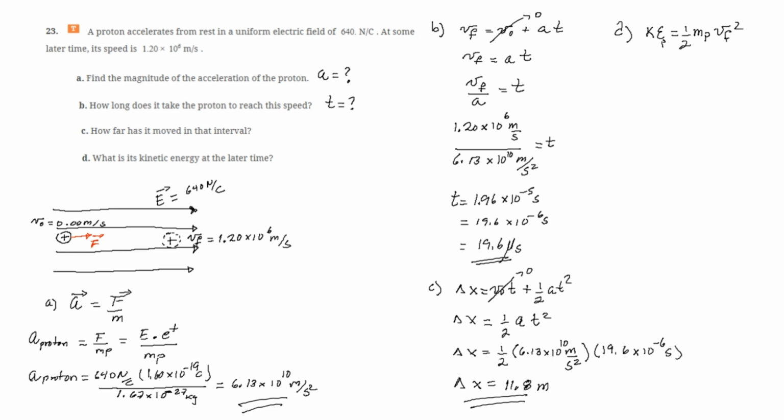So when you have a speed of 1.20 times 10 to the 6 meters per second, it's going to be 1 over 2 times the mass of the proton, 1.67 times 10 to the negative 27 kilograms, times the square of the speed of the proton, 1.20 times 10 to the 6 meters per second.